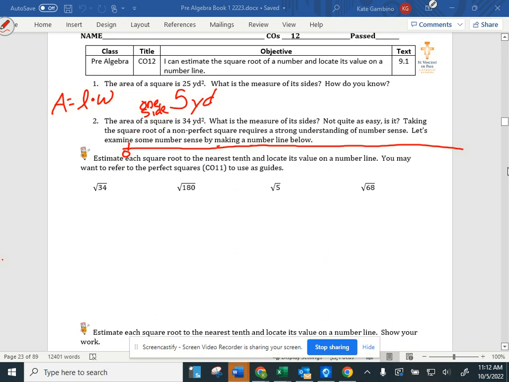So we know that 1 squared is 1, 2 squared is 4, 3 squared is 9, 4 squared is 16, 25, 36, what's my next one? 6, 7, 49, 64, 81, 100, 121. Okay, so getting an idea of where those perfect squares fall on our number line.